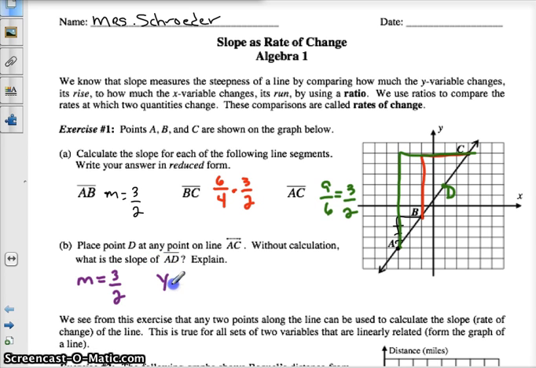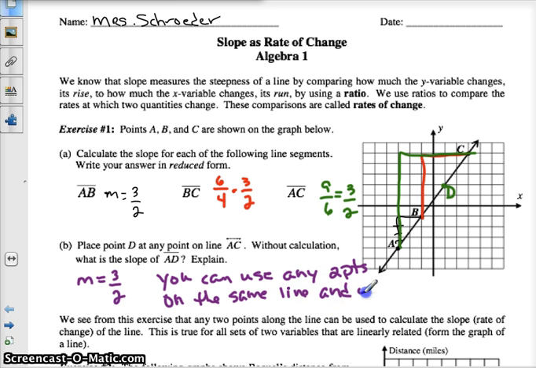So I guess we should write that. You can use any 2 points on the same line and you will always get the same slope.